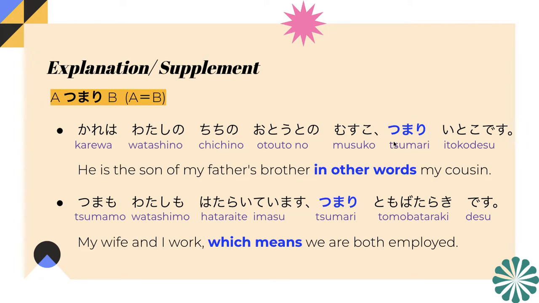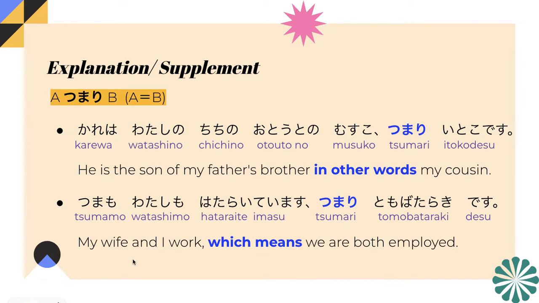So if you replace つまり with equal, it makes sense because it's just describing how cousin works. Let's try another one.